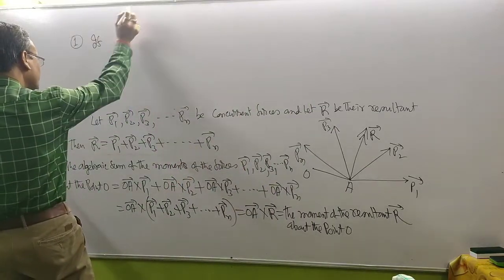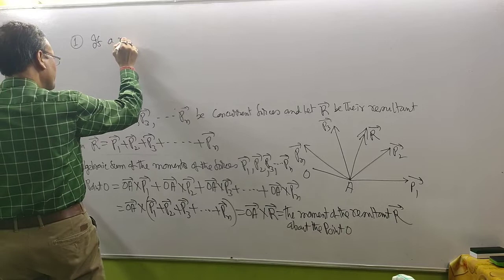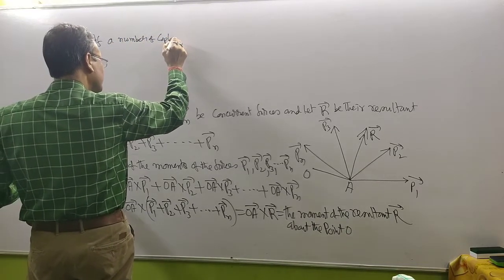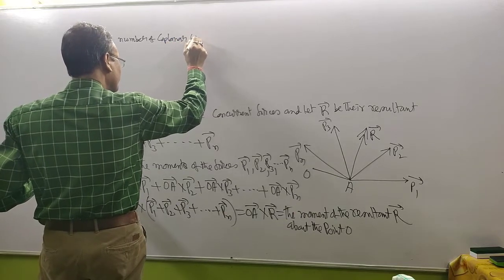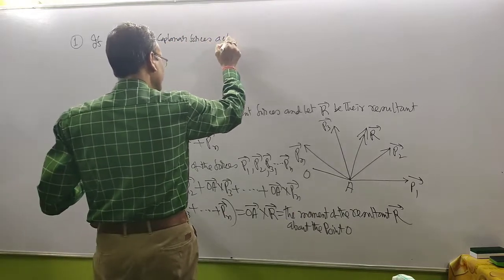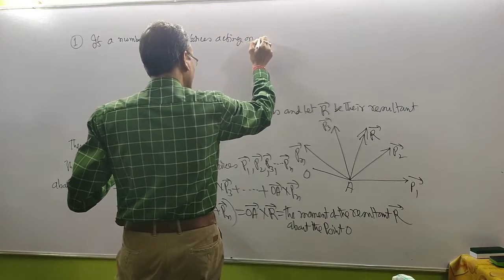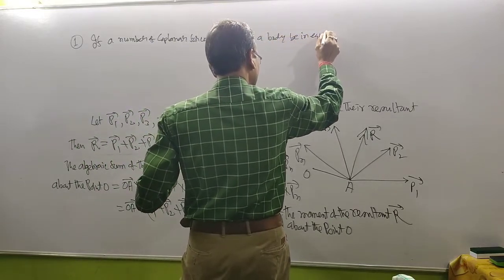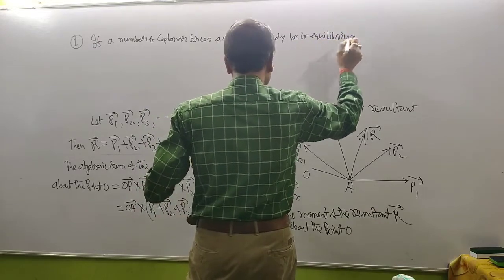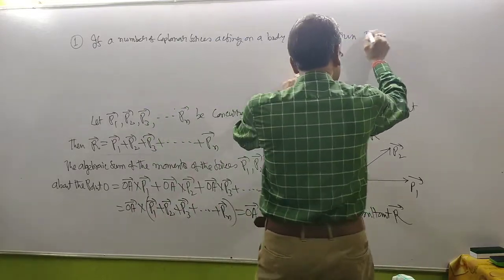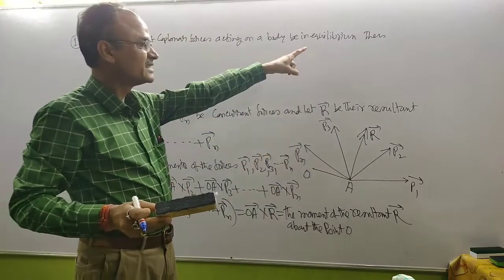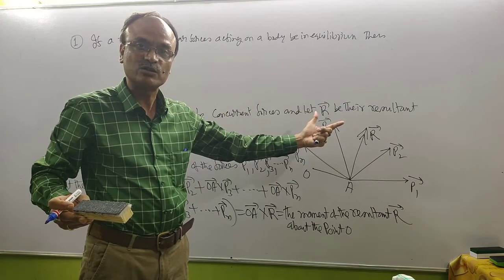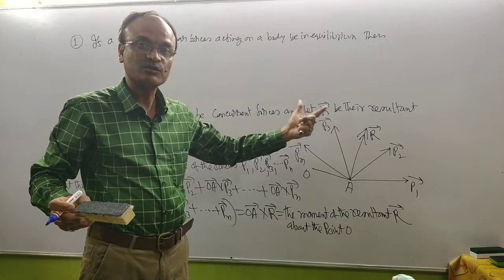If a number of coplanar forces acting on a body are in equilibrium, then their resultant will be equal to 0.